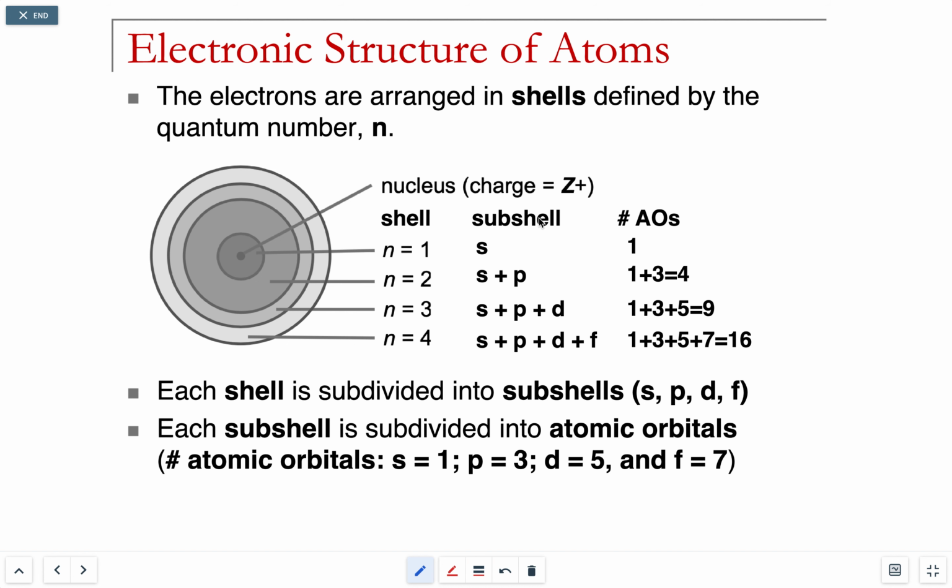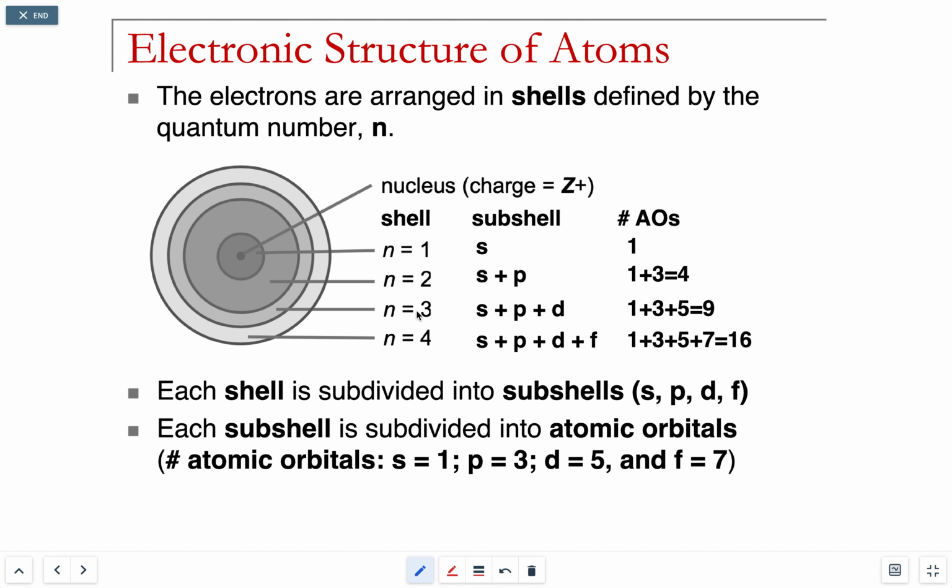So again, when we count the total number of atomic orbitals that are available in a given shell, it depends on the subshell. In the n=1 shell, since only the S subshell is available, and that defines only 1 atomic orbital, there's only 1 atomic orbital in the n=1 shell. In the second shell, we have S plus P. So we have 1 atomic orbital for the S, and there are 3 p orbitals for a total of 4 atomic orbitals in the n=2 shell.